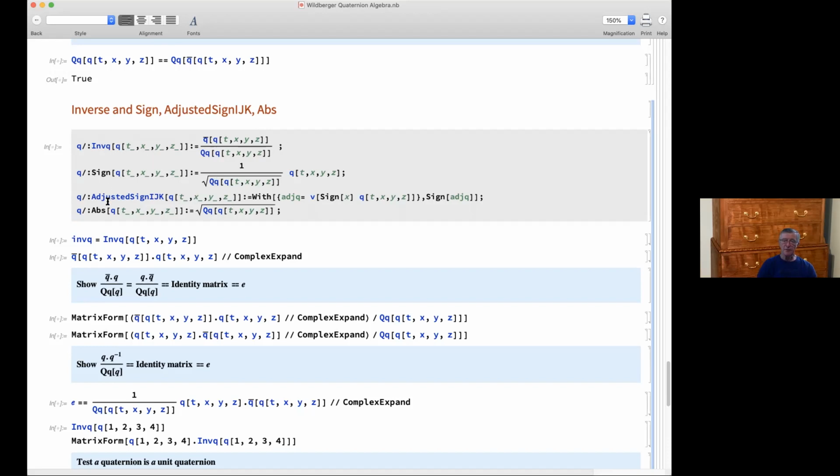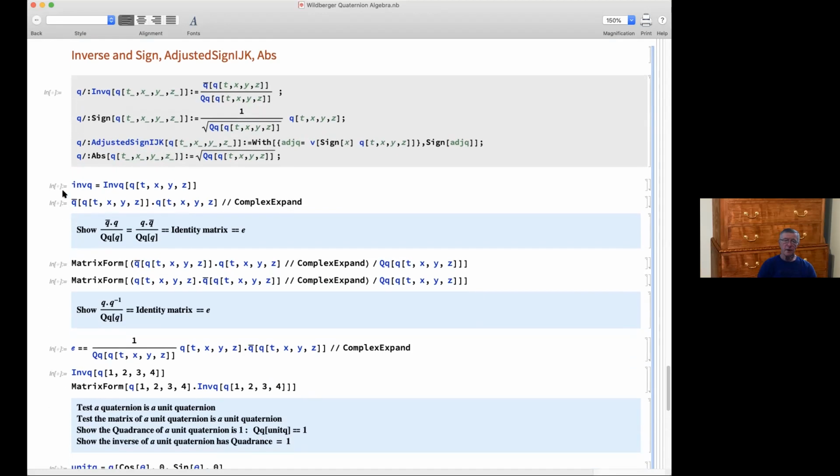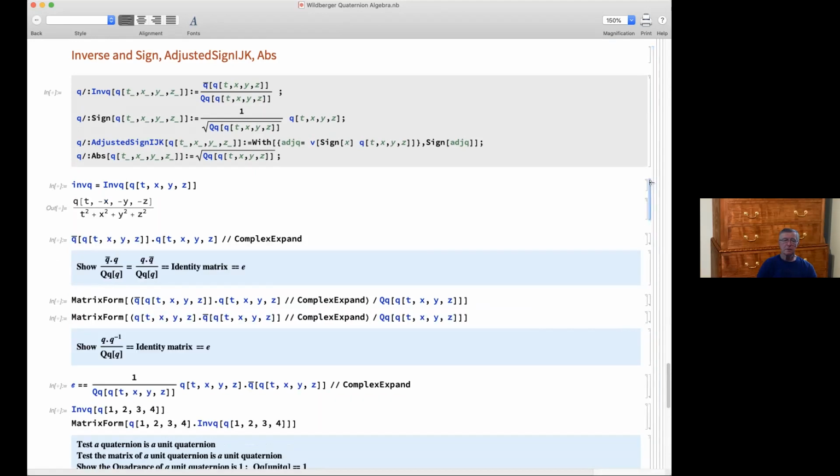I'm not going to go through the sign and the adjusted sign. I define the absolute value of a quaternion as the square root of the quadrants. And since it's a sum of squares of real numbers, it works out that it's positive. So the inverse of a quaternion turns out to be the conjugate divided by its quadrants.